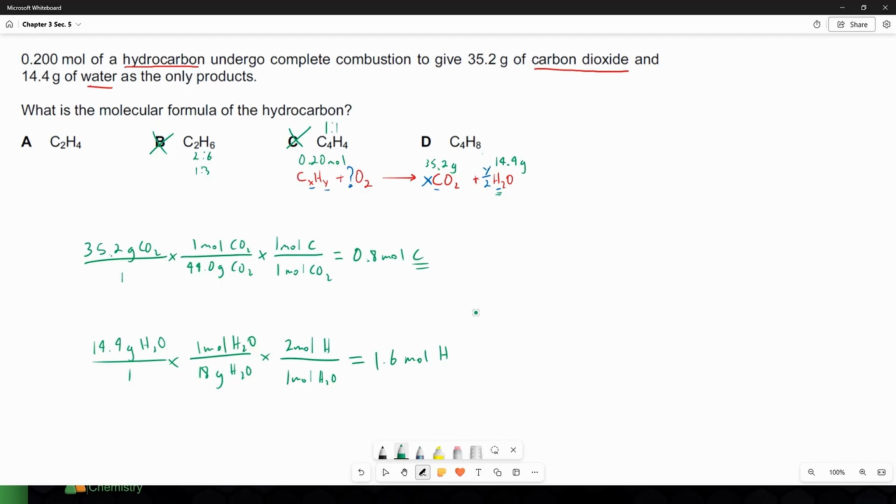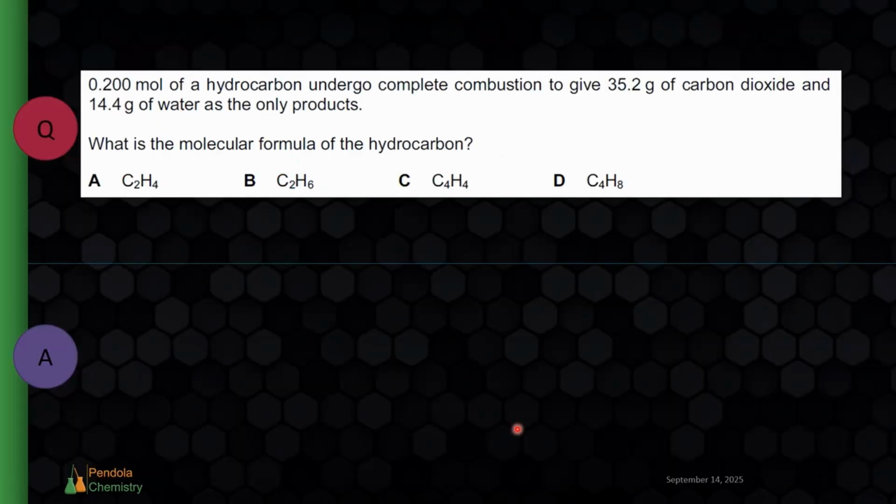Now, how do we actually get the right answer? Going back to what we talked about, molar masses and molecular masses, we need to look at the ratios of the carbon and the hydrogen in these. Let's go back here.